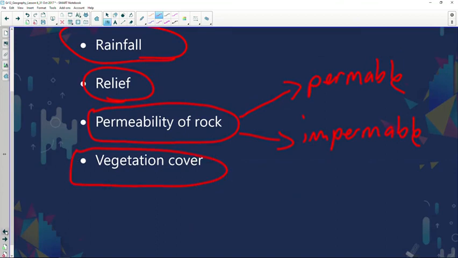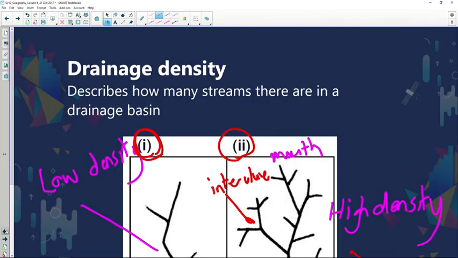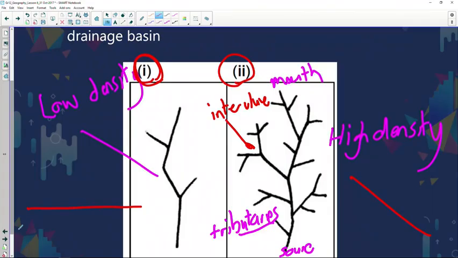Okay, vegetation cover, let's say it's an area with lots of vegetation, it's going to promote a low density drainage basin because the water is rather going to infiltrate. If there's less vegetation cover, as you can see over there, the vegetation, what does it do? It promotes infiltration. And if there's less vegetation cover, the chances that it's going to be a high density drainage basin is more likely.